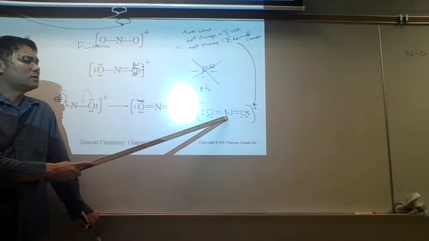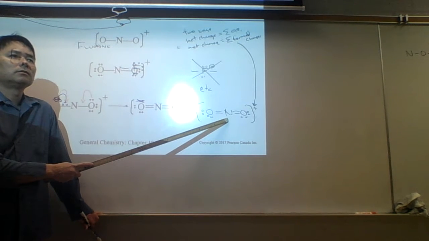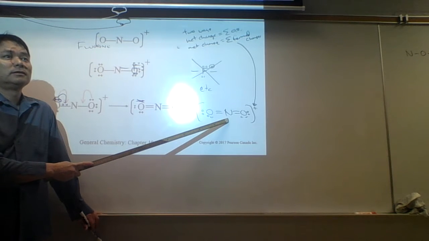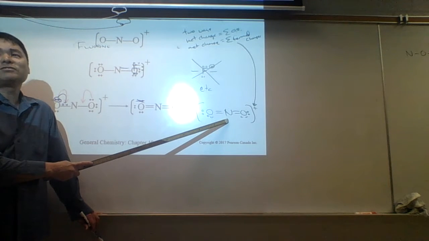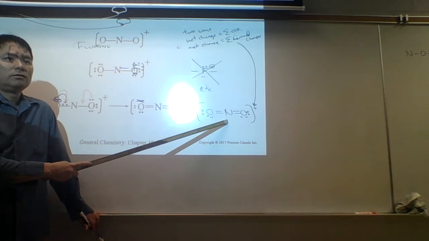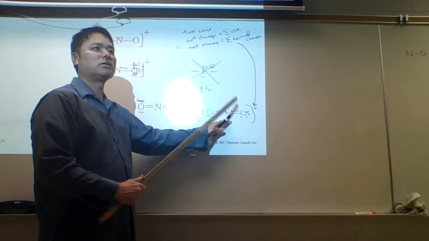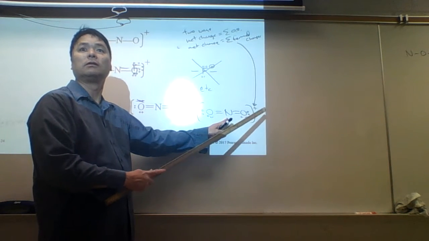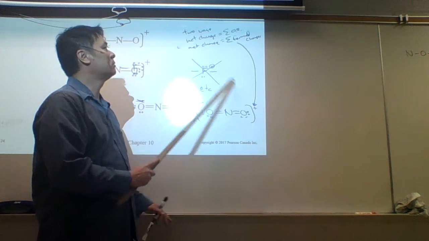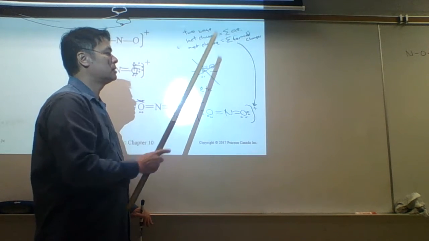What's the oxidation state on this nitrogen? Not +3. +5. +5 because normally nitrogen has 5 valence electrons and this structure has none. So it's +5. So +5 minus 4 is +1. And so the net charge is equal to the sum of the oxidation states.